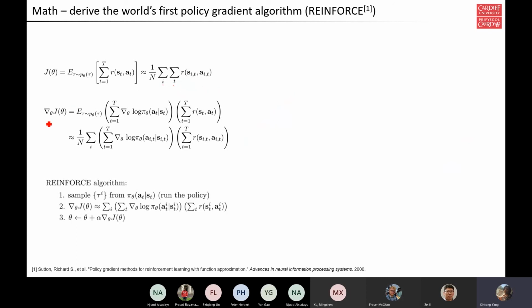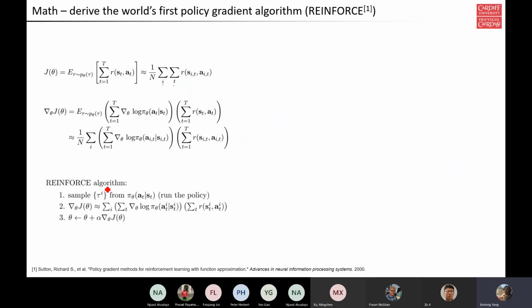And similarly, now we can estimate the gradient of the objective with respect to the parameter theta. Okay, it's approximated by samples. We take N samples, each denoted by I, and we get a bunch of pi theta probabilities, and we take the logarithm of them, we multiply it with a return, then we get the gradient that we want.